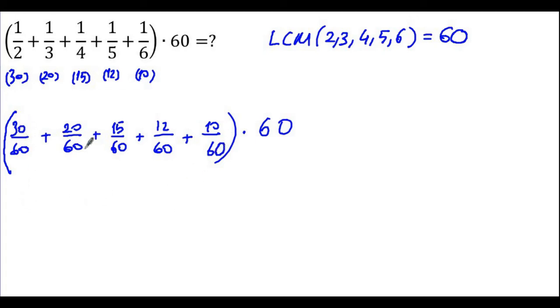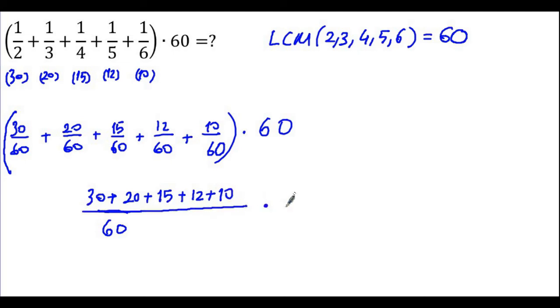Alright, so now we have the same denominator, which is 60, right? Let me write 60. So now I'm going to add 30, 20, 15, 12, and 10. So let me write that here. 30 plus 20 plus 15 plus 12 plus 10, times 60, is equal to, so let's add these numbers. 30 plus 20 is 50, plus 15 is 65.